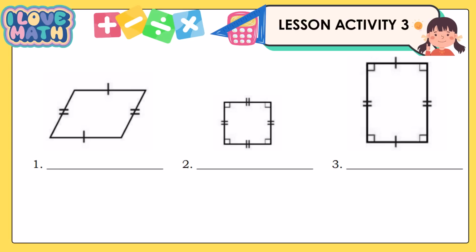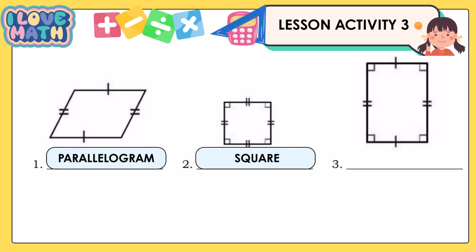Here's numbers 1 to 3. Let us answer. First is parallelogram. Second, square. And third, rectangle.